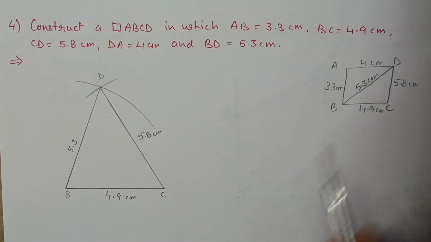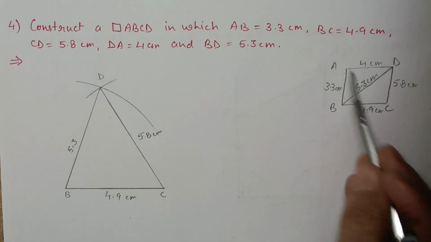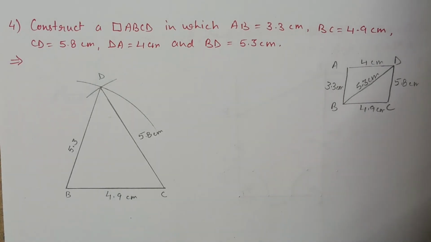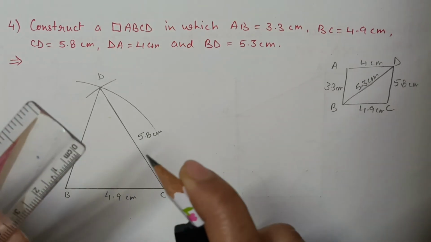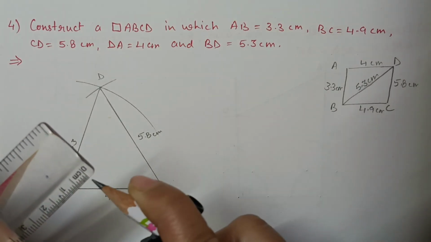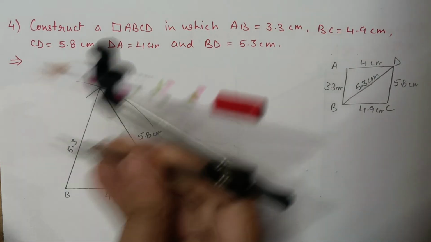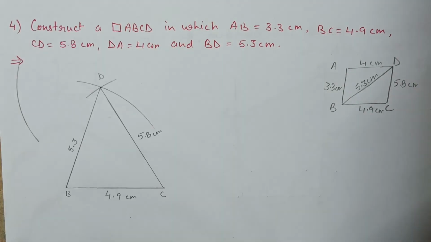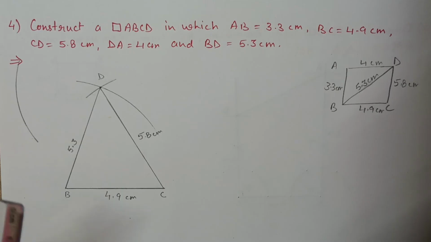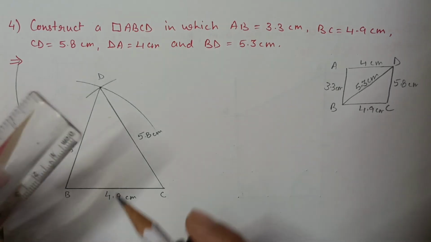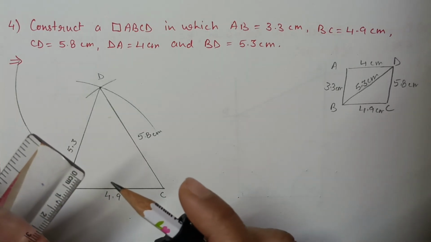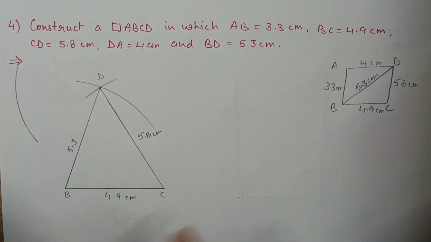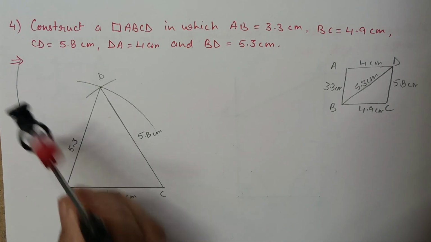Now from D 4 centimeter and from B 3.3 centimeter. So first we will take 4 centimeter distance in the compass, and from D we will put one arc. Then from B, take 3.3 centimeter and put another arc.